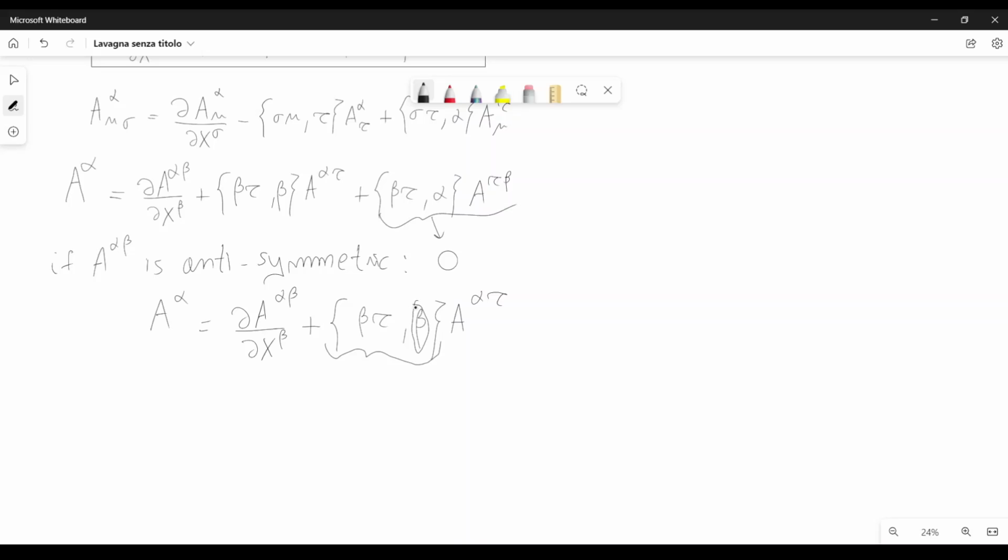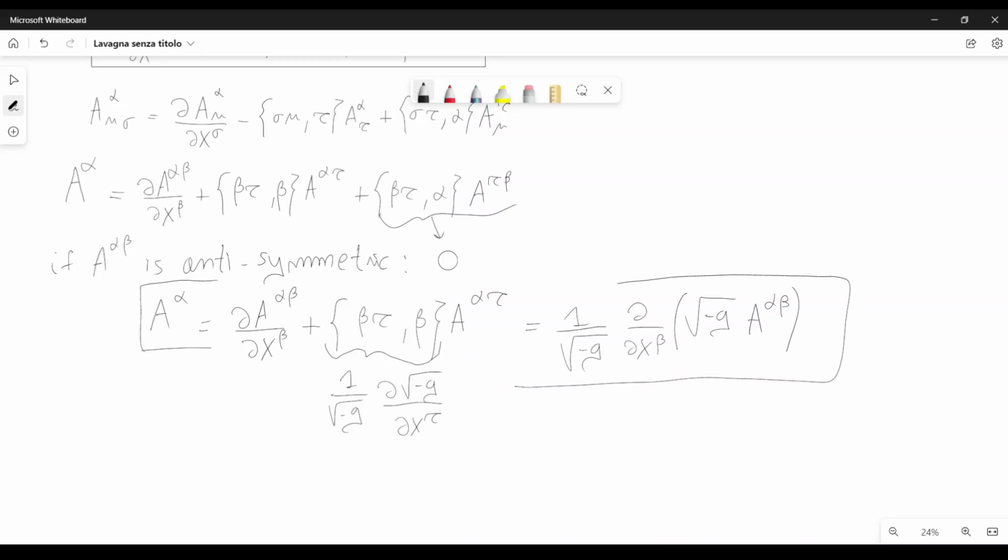Remember that this beta here is an upper index, this beta here is a lower index, and this can be written as 1 over square root of minus g, derivative of square root of minus g with respect to x^τ. And all in all, you can rewrite this as 1 over square root of minus g times the derivative with respect to x^β of square root of minus g A^{αβ}, like this. Now, this expression here that we have just derived is the expression for the divergence of a contravariant six vector.